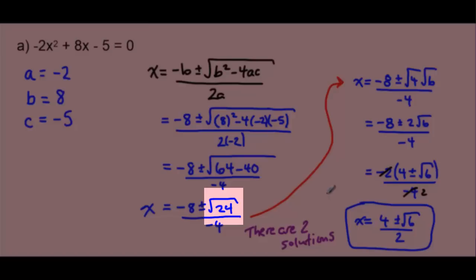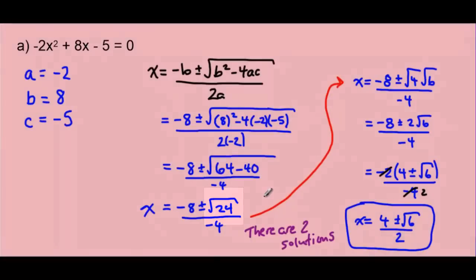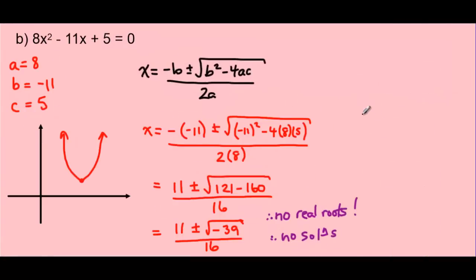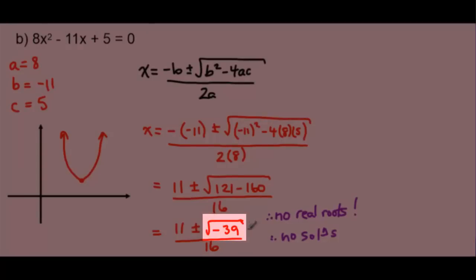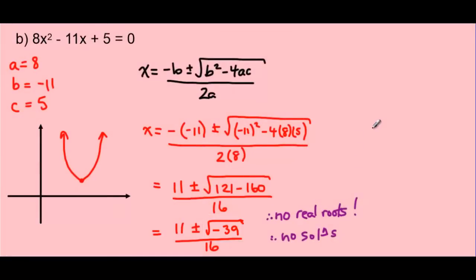And not just any number, it was a positive number, this positive root 24. When we had no solutions, the number underneath the square root was a negative. It basically broke our question or gave our calculator an error. So if that number underneath the square root was a negative, we had no solutions.